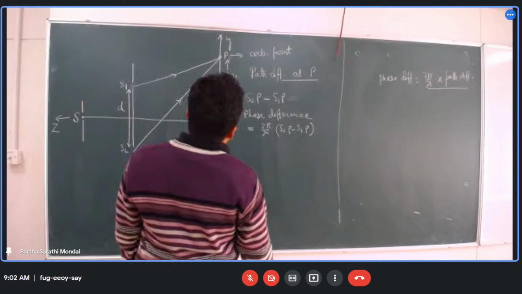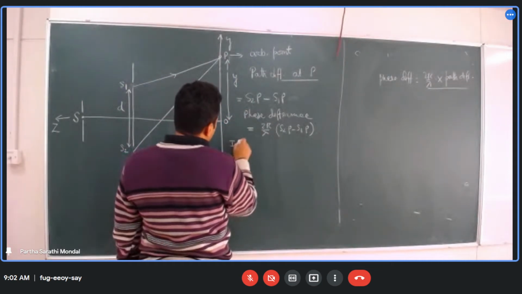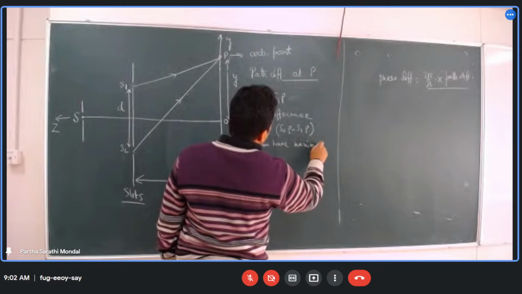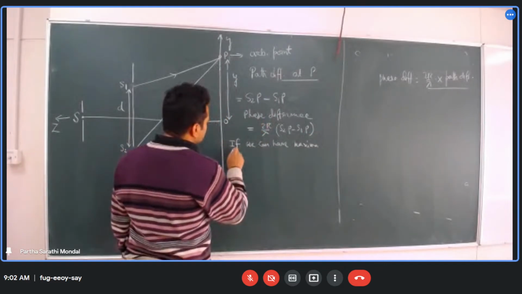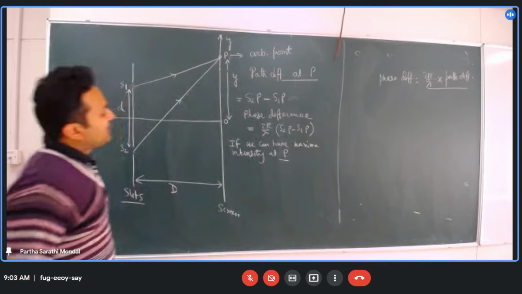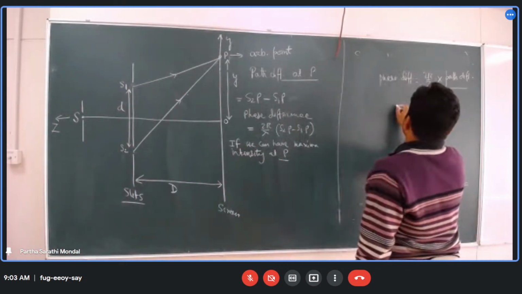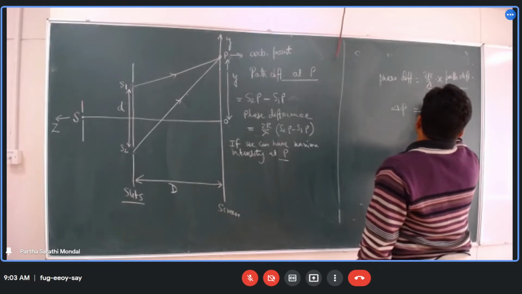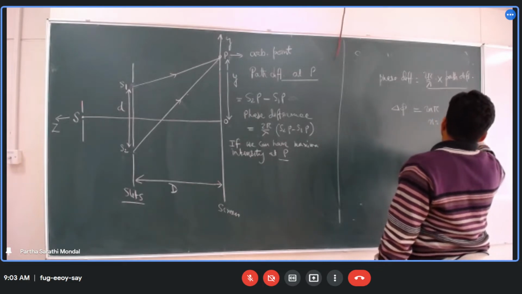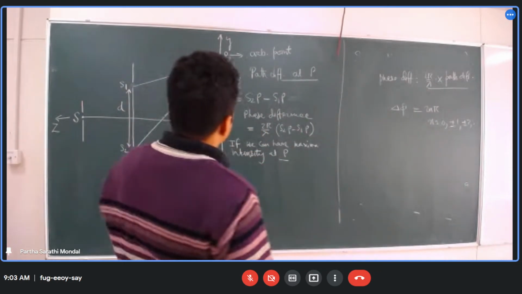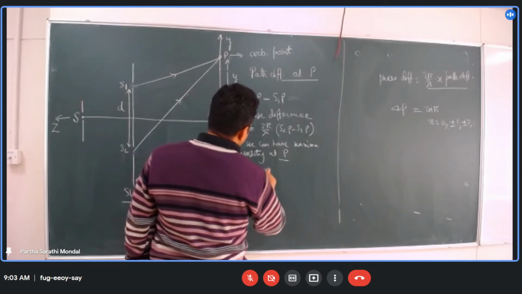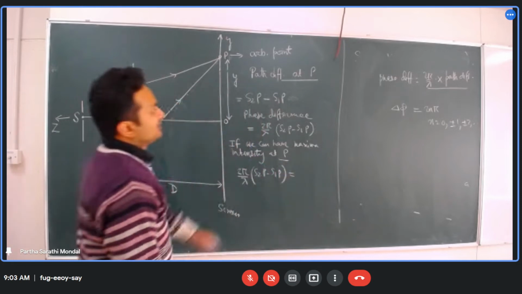Now we know the condition for maximum intensity at P. What is the condition for maximum? The phase difference delta phi will be 2n pi, where n equals 0, plus minus 1, plus minus 2, and so on. So 2 pi by lambda into S2P minus S1P equals 2n pi.